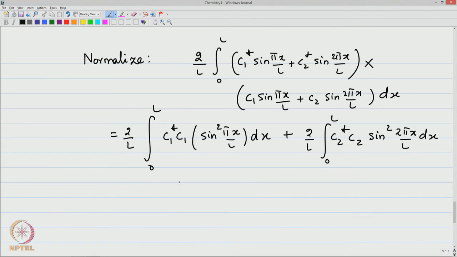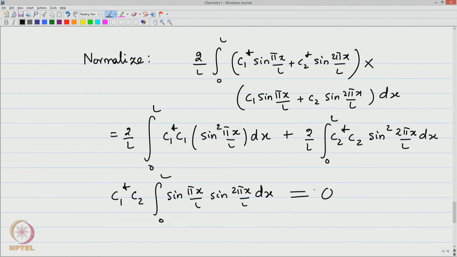We do not worry about the terms C1 star C2 integral sin pi x by L sin 2 pi x by L dx between 0 to L, because these are orthogonal wave functions, and therefore this integral is 0, and so is its complex conjugate. Therefore, of the 4 terms that you have when you take the product, only 2 of them are there.